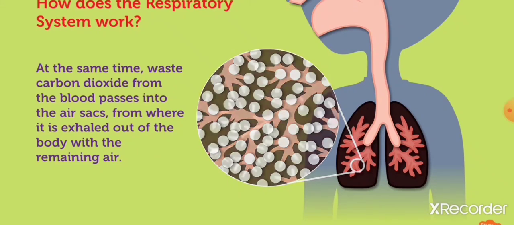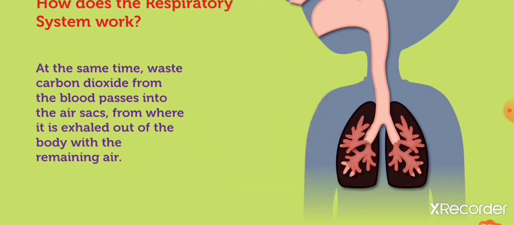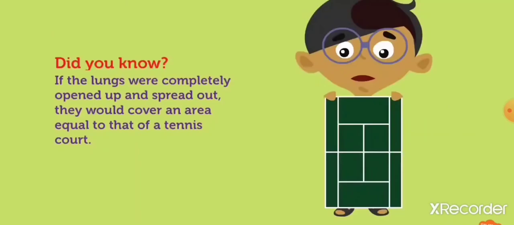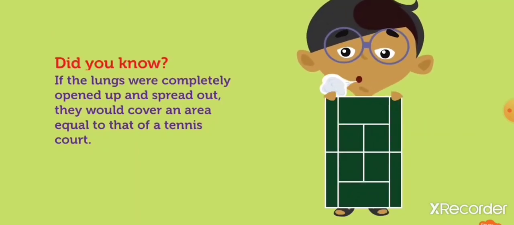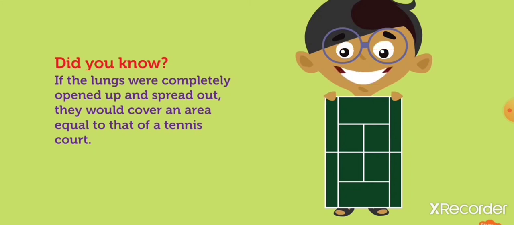So the waste carbon dioxide from the blood passes into the air sacs from where it is exhaled or thrown out of the body. Did you know if the lungs were completely opened up, they would spread to an area equal to that of a tennis court?